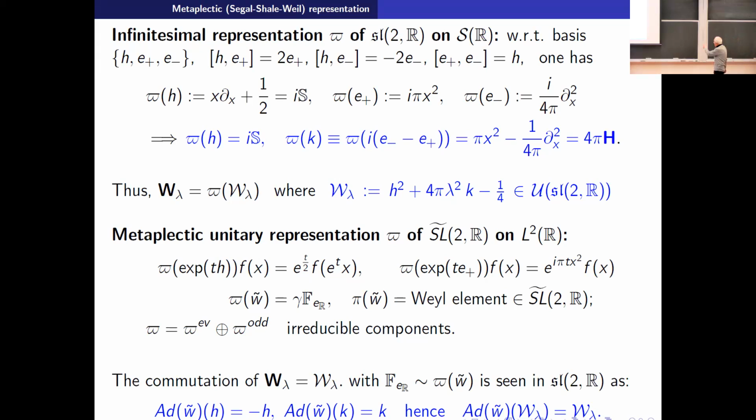And in fact, this double cover of SL2 is also called metaplectic. And you have the representation, but this works now over any local field, and we can extend it, like Alan already mentioned, to the semilocal easily.